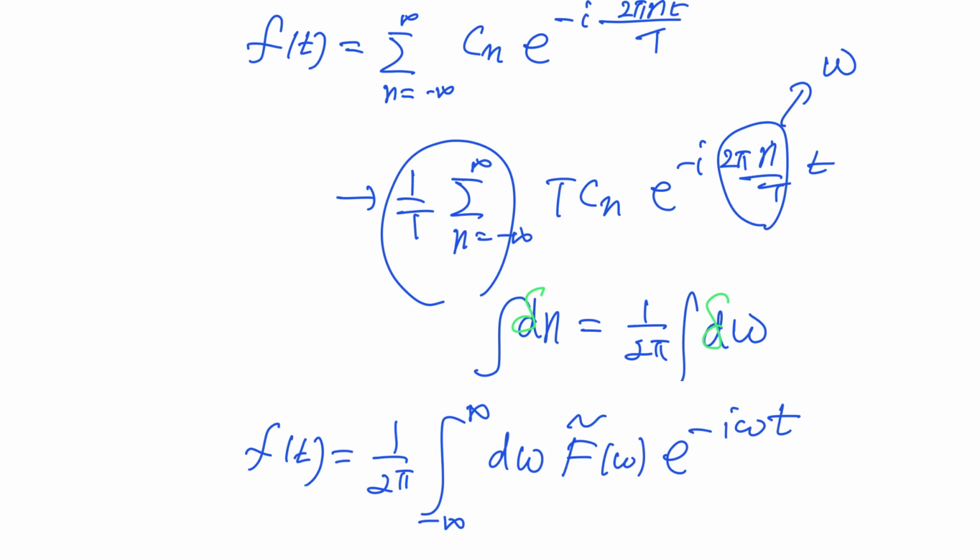So we are considering a limiting process. Then the summation over n divided by T can be written as some integration over delta n. But integration over delta n can be written as delta omega divided by 2 pi.